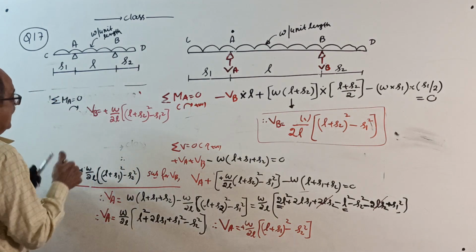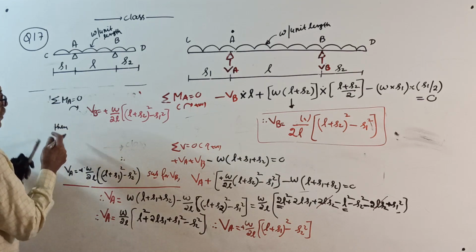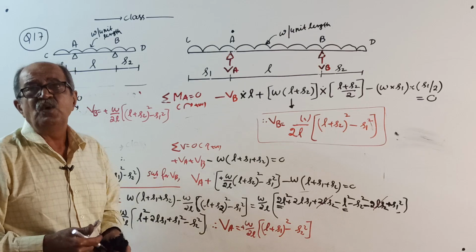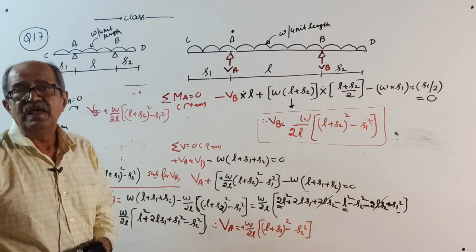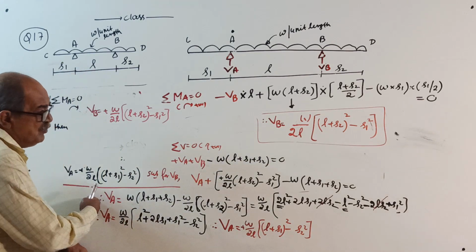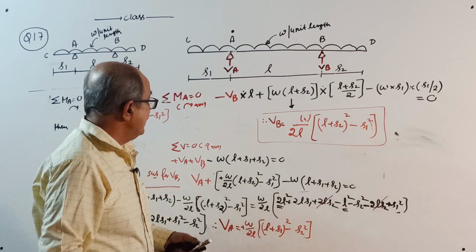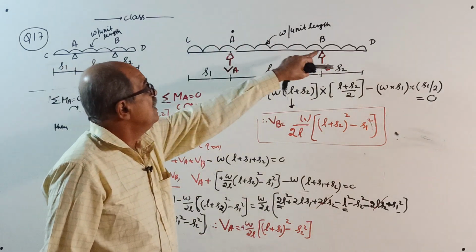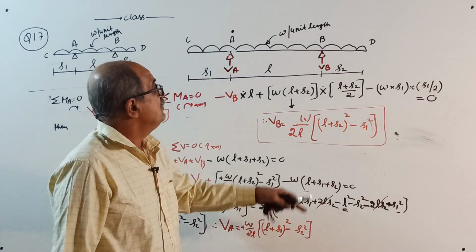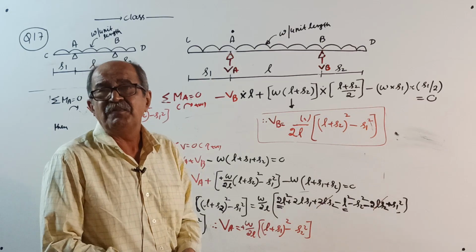Then we applied sigma V equal to 0, substituted for VB and got VA in the same format. It became very lengthy. VB you got very fast by taking moment about A, but when you make sigma V equal to 0, there is a simplification problem.